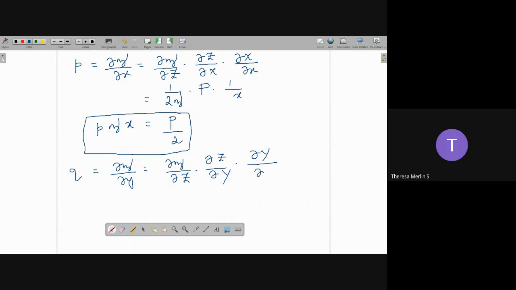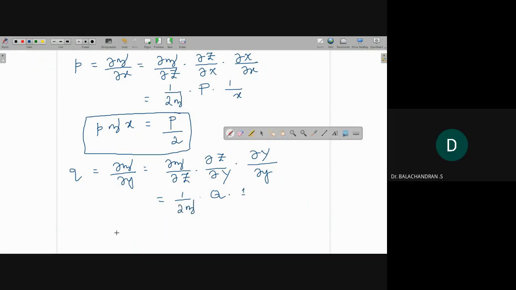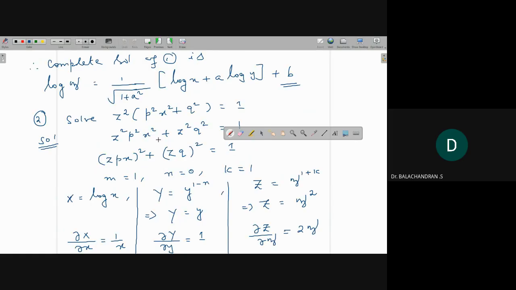Now this is again 1 by 2z into capital Q into 1. So now cross multiply: q z is equal to capital Q by 2. Check whether we have q z here.